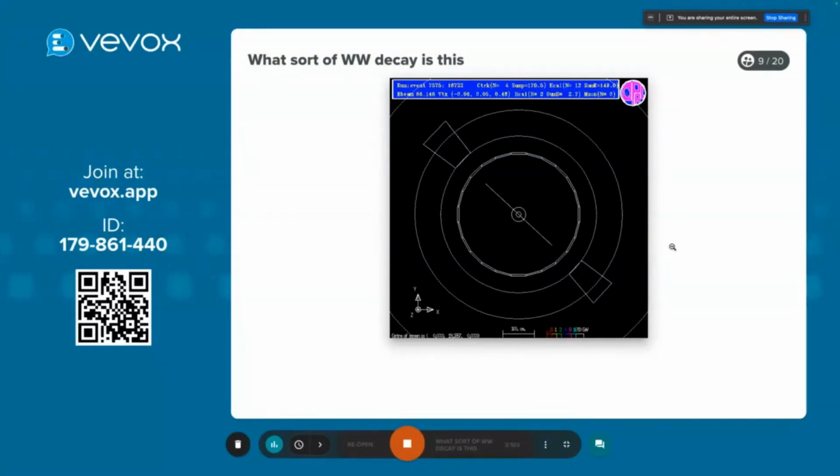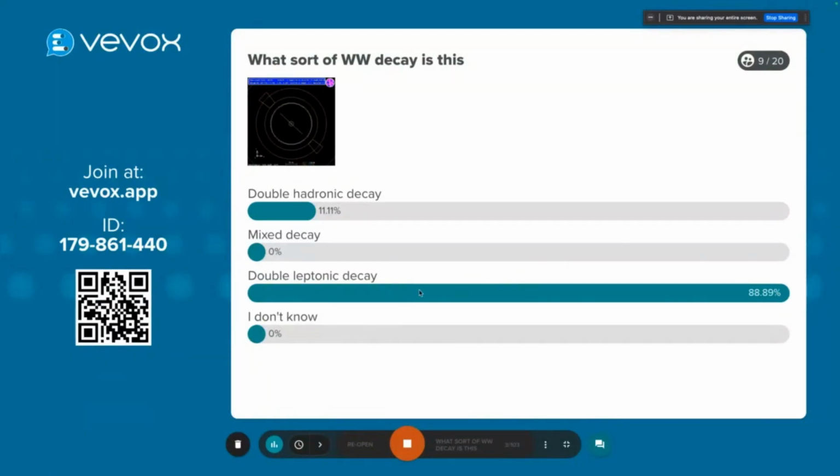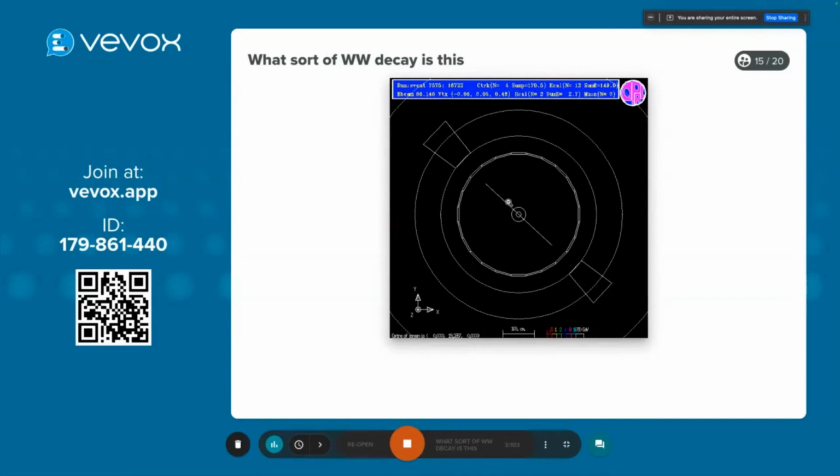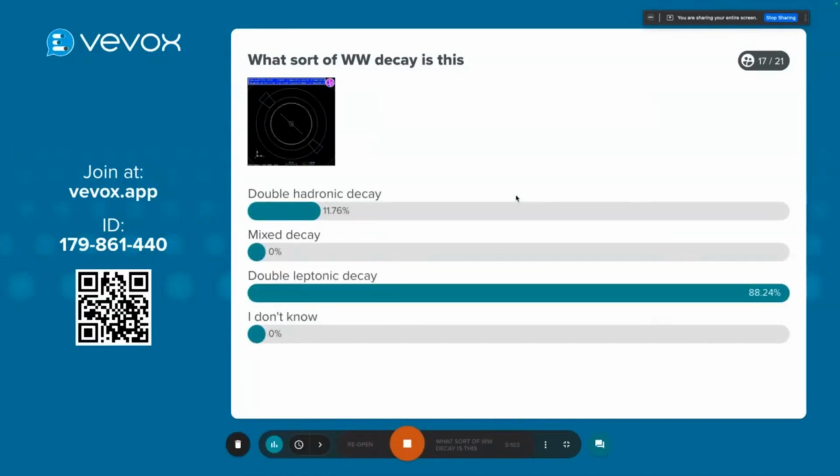And that's happening on both sides. So we clearly have a double leptonic decay here because an electron is a lepton. So remember that lepton means electron, muon, or tau, and hadron means quark, which I think we'll see an example of very shortly. So we've started off with two double leptonic events.